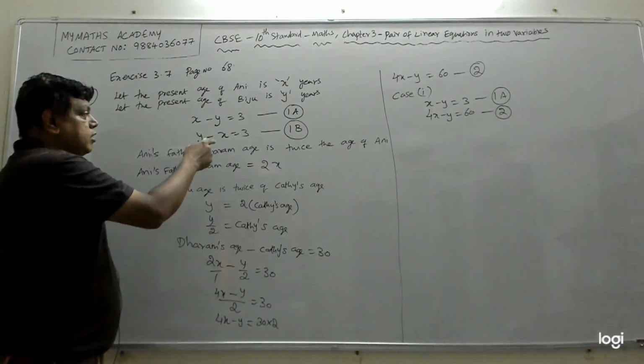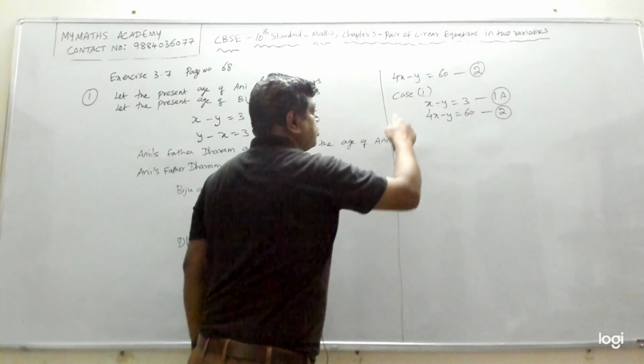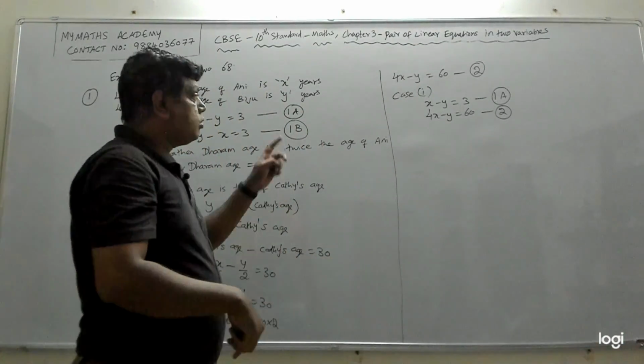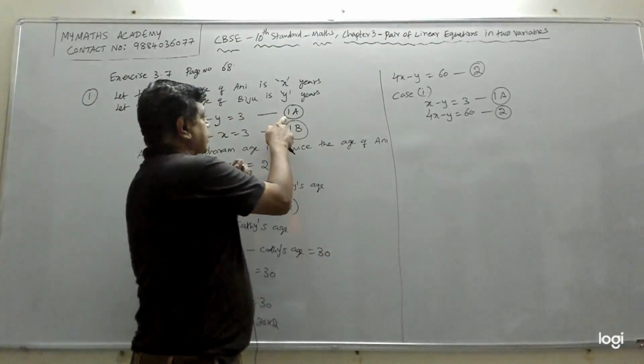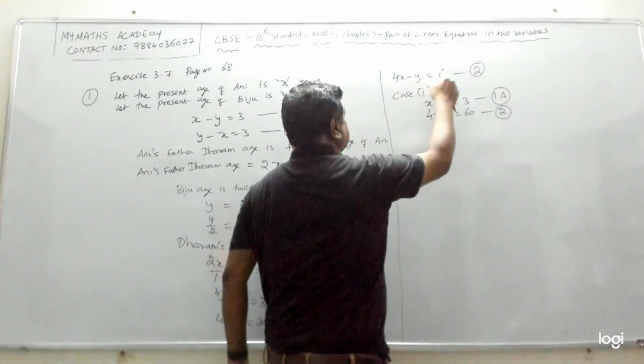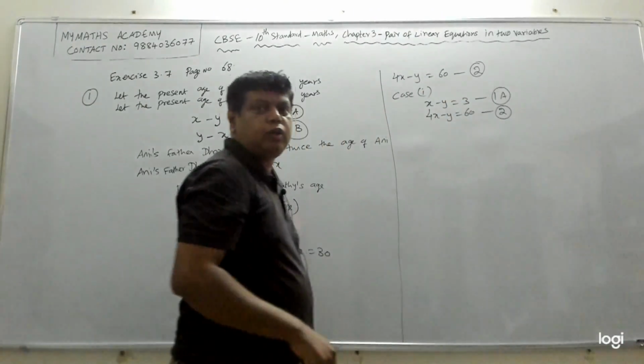In the second case we solve 1b and 2. The second equation will be the same in both cases. Then we find x and y. In the first case we will solve 1a and find the values of x and y.